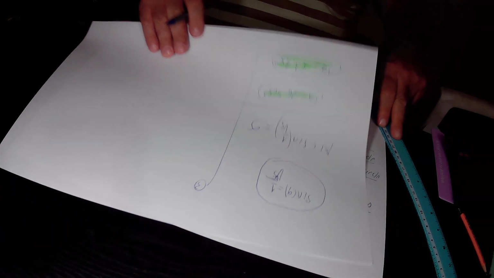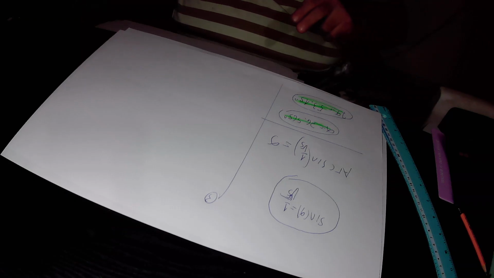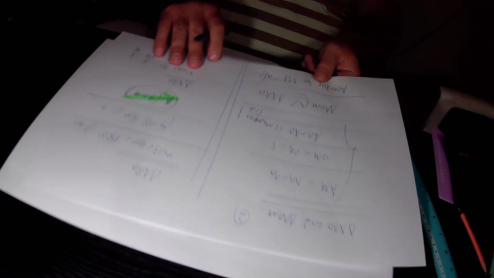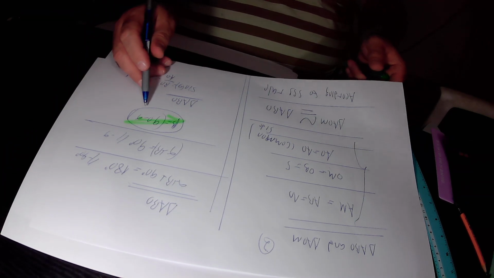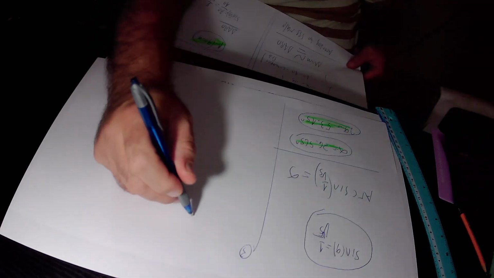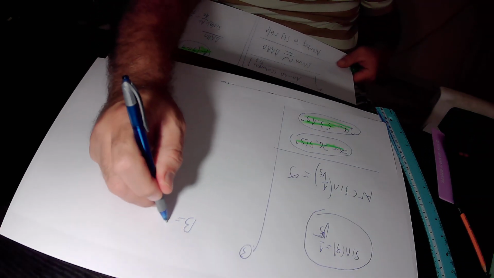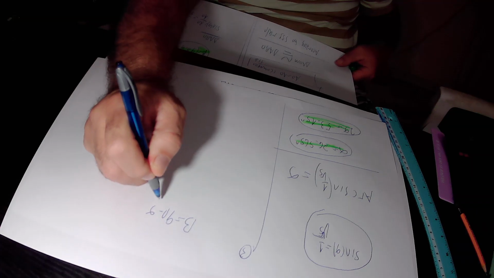We already found that beta equals 90 degrees minus alpha.